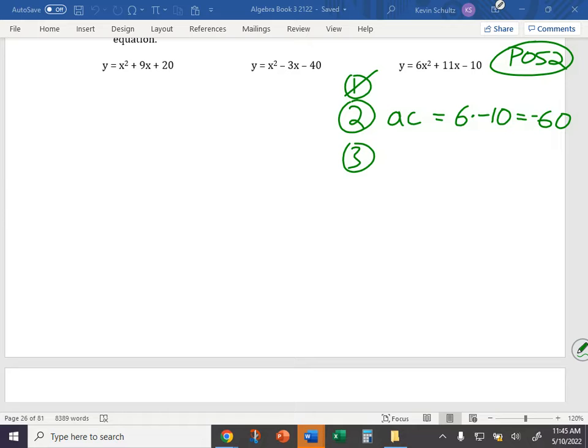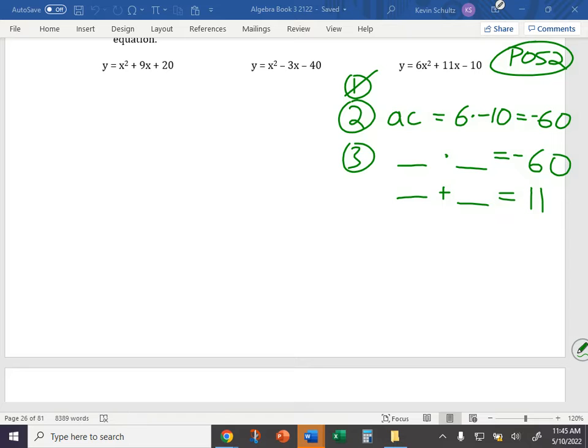Now we use that negative 60 right away in step 3, where we're looking for two numbers that multiply to make negative 60 and add or subtract to make 11. Okay, because this has a coefficient to our x squared term, this multiplication can't just equal the constant. It's got to be the product of the constant and the coefficient to x squared, the A and C.